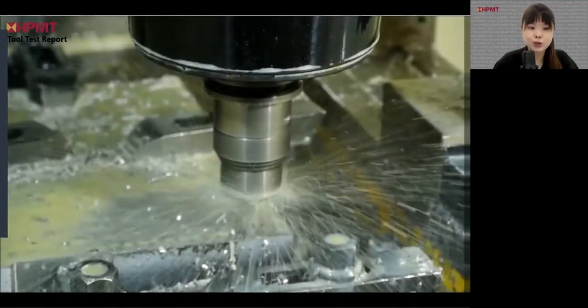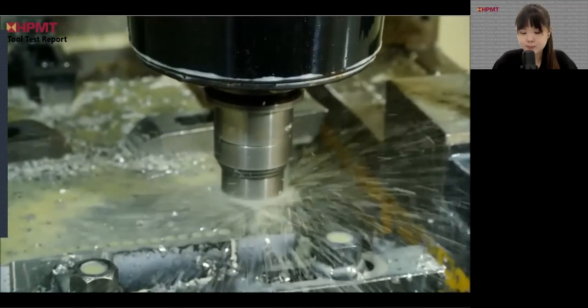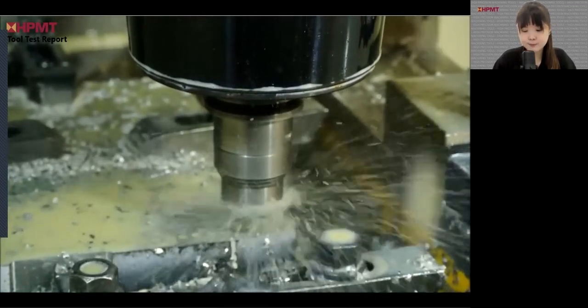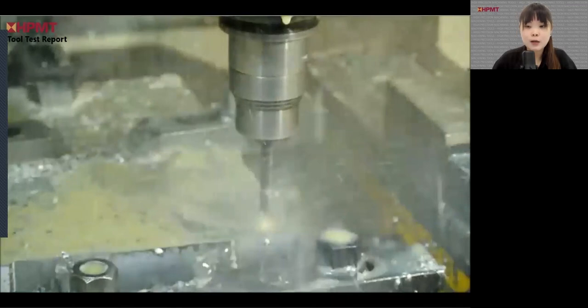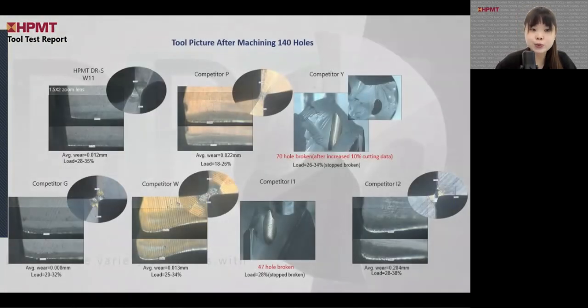Here we have a short video showing the process. All right, the video ends. Let's check the tools picture after they have finished the machining process.